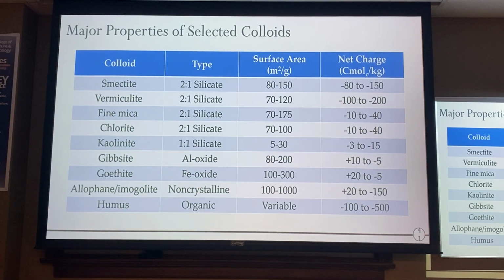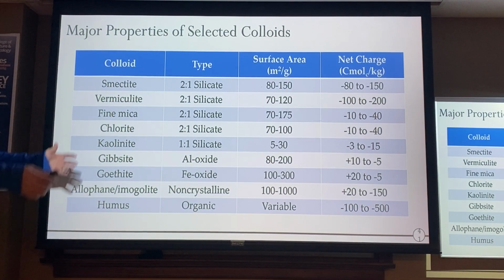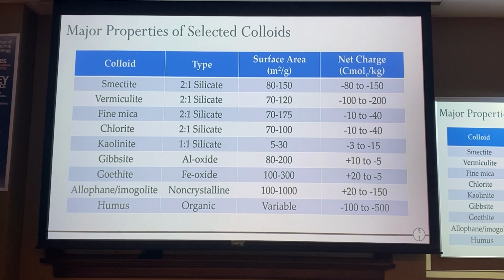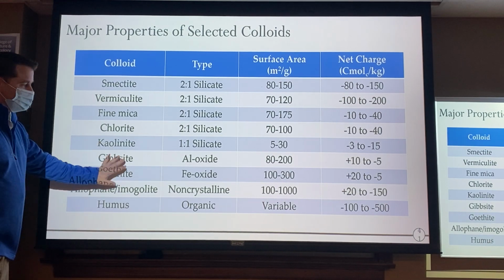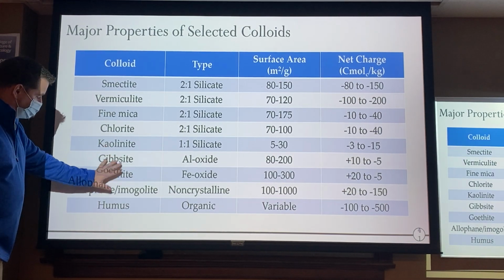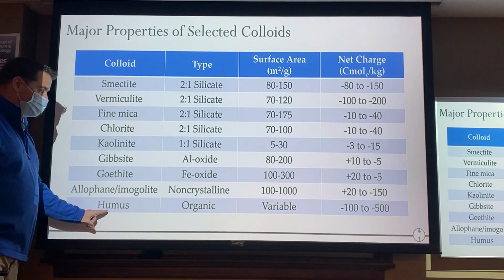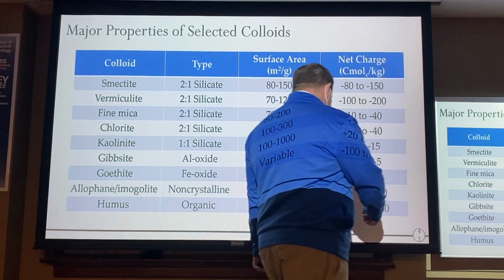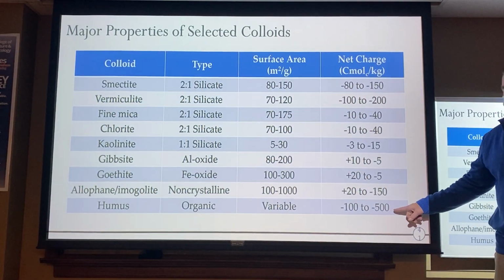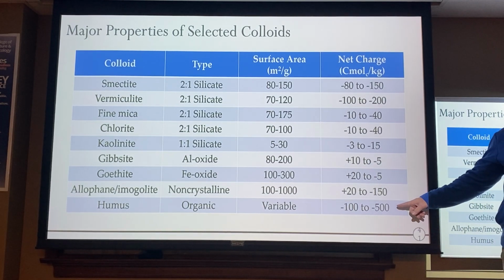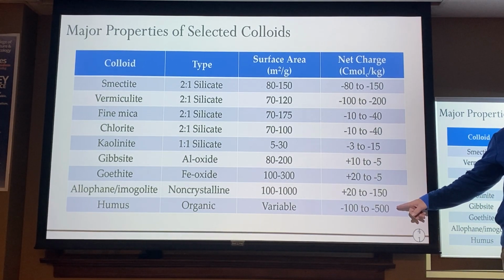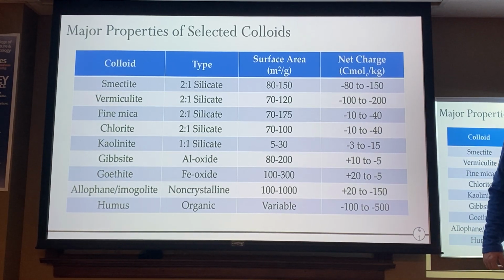Expansion allows for greater cation retention. Not so much that you need to know about gibbsite and goethite and humus, but also look at the CEC of our organic matter. So if we have organic matter in our soils, we're also going to increase our CEC.